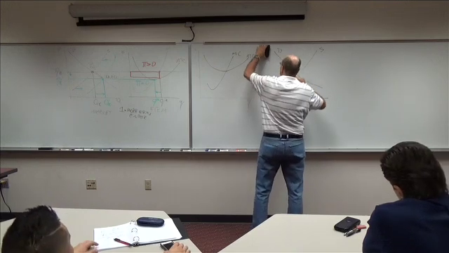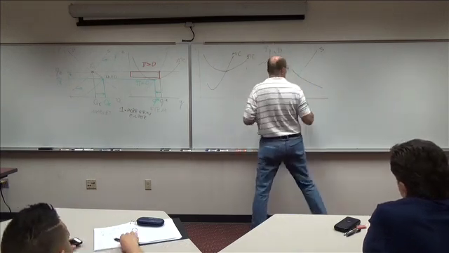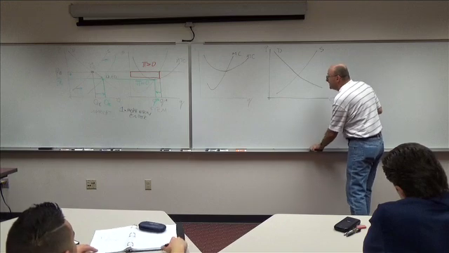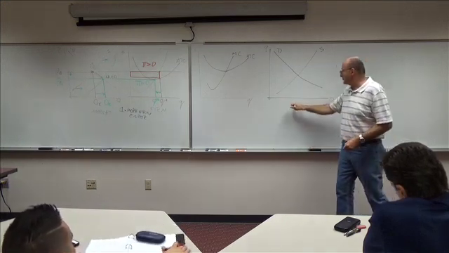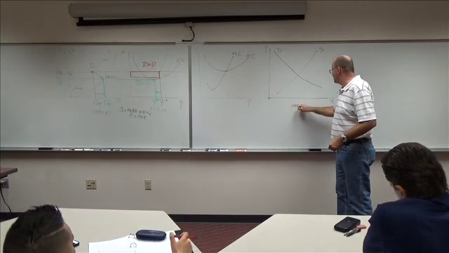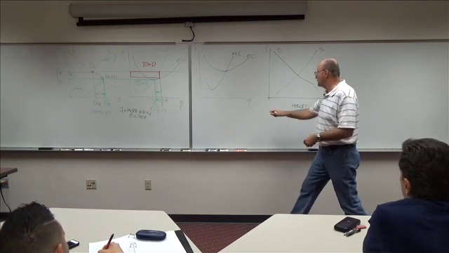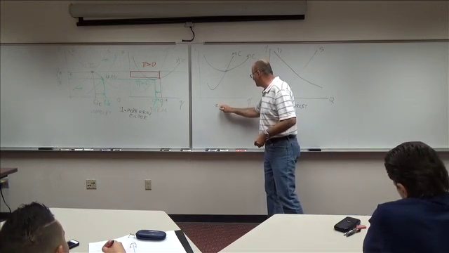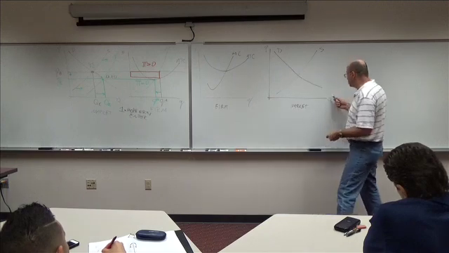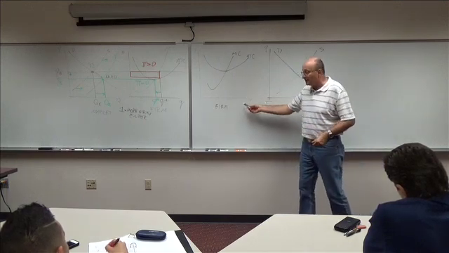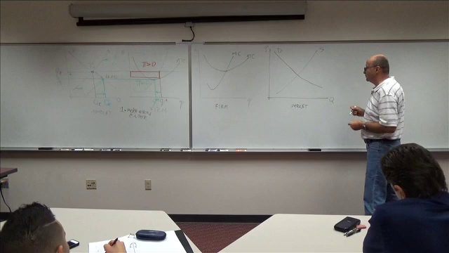Price, quantity. Okay? So again, here we have a market. Here we have a firm. See? Capital Q market output, lowercase q firm output.